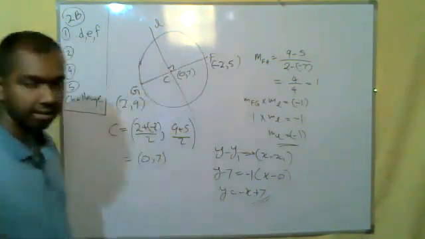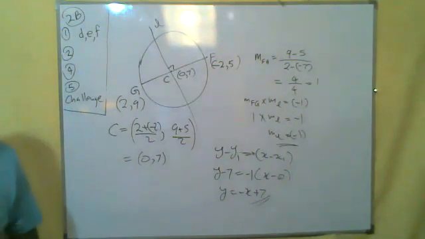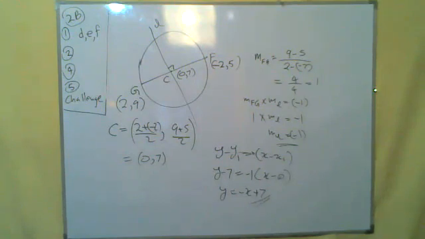Y equals minus x plus 7. Try to understand question number 4 and do it. Don't wait until I explain it.